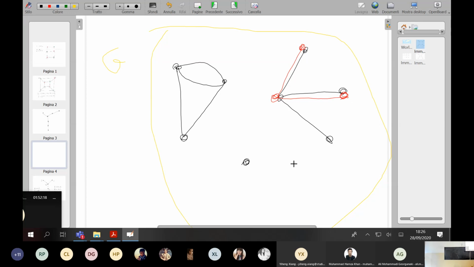Is there a connected subgraph of G which contains the red subgraph?